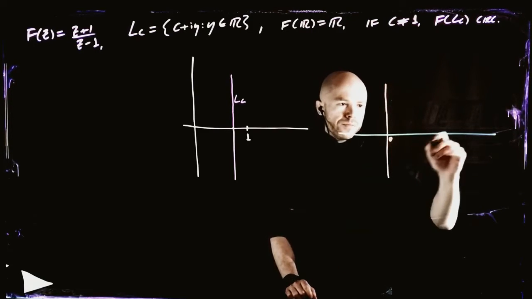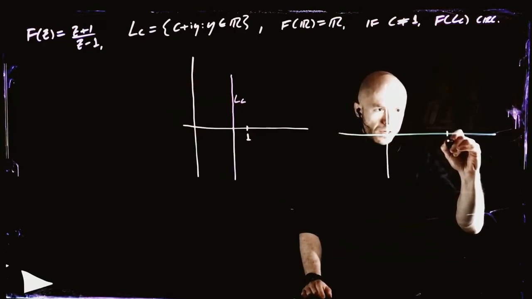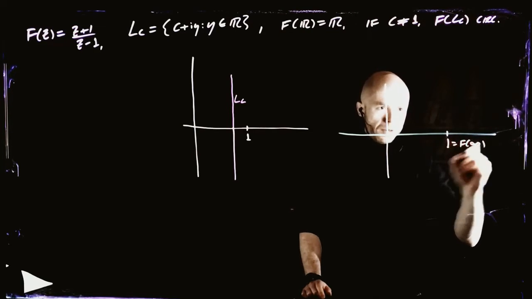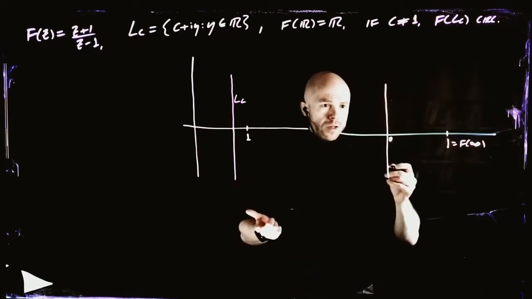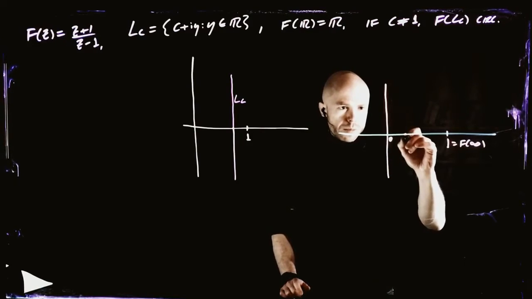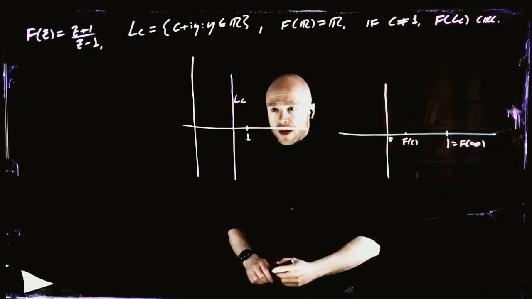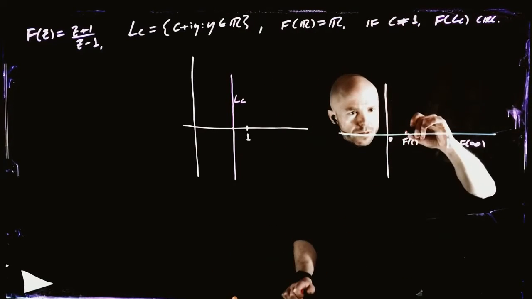Here, this is 0, because when we put infinity, f of infinity is 1, so we are going through this, which is f of infinity, and we're also going through f of c, wherever that is, right? So just to put something, let's suppose f of c is here, and the circle does this.